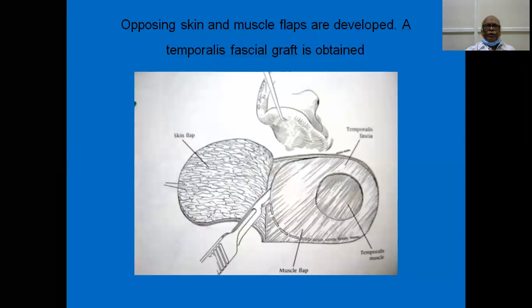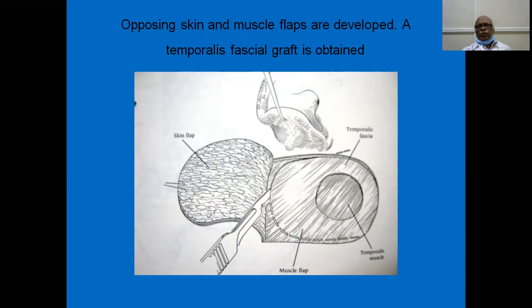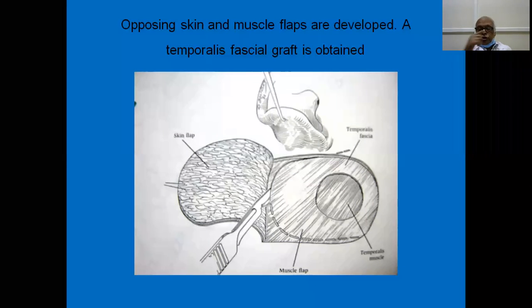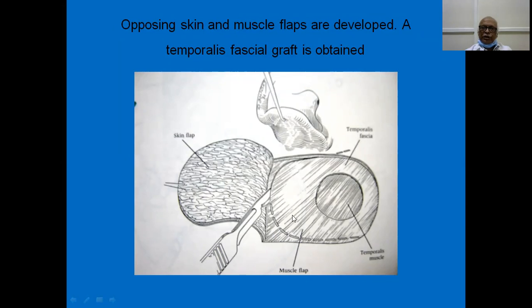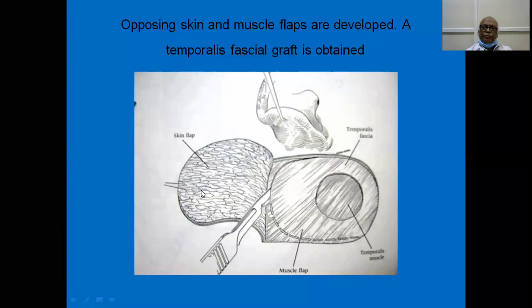Now, coming to the middle fossa approach of the acoustic neuroma surgery, this is the ear on the right side. We take a U-shaped incision just in the retroauricular region and elevate the flap. Now this is the temporalis muscle.